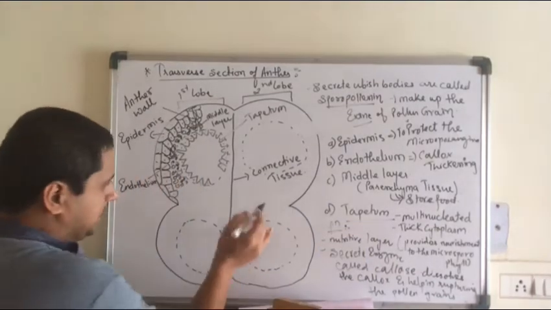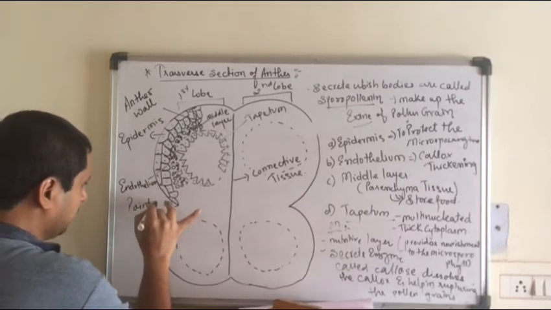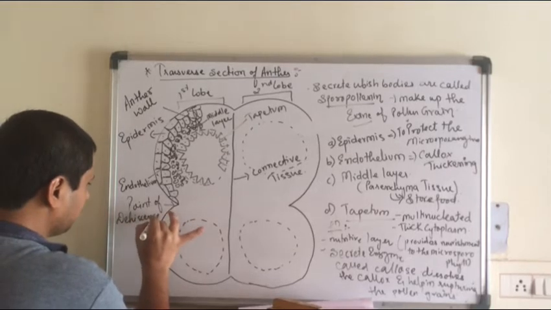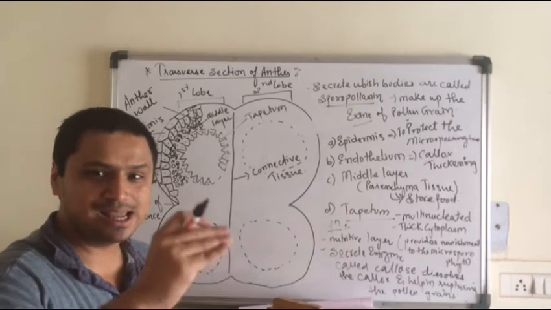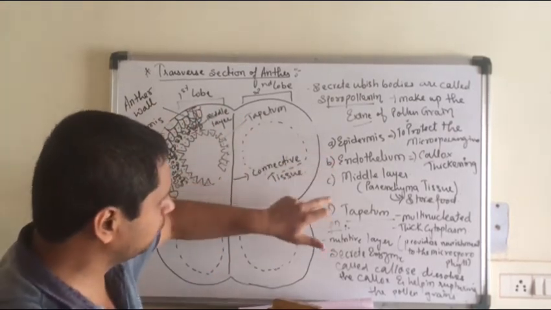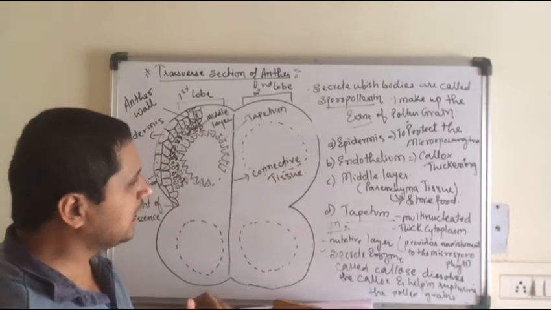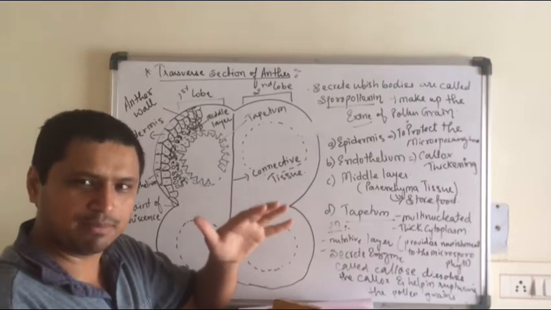Now this part, if you see over here, is known as the point of dehiscence. This is the point where all the layers, epidermis, endothelium, middle layer and the tapetum, fuse during the maturation period, when the pollen grains are being produced.